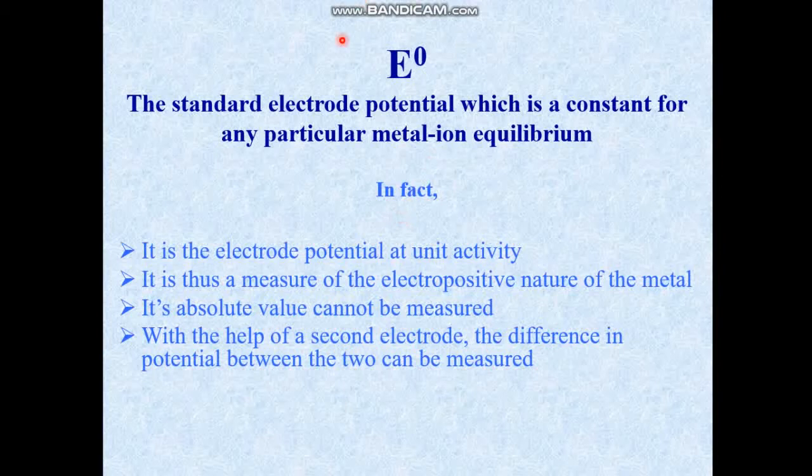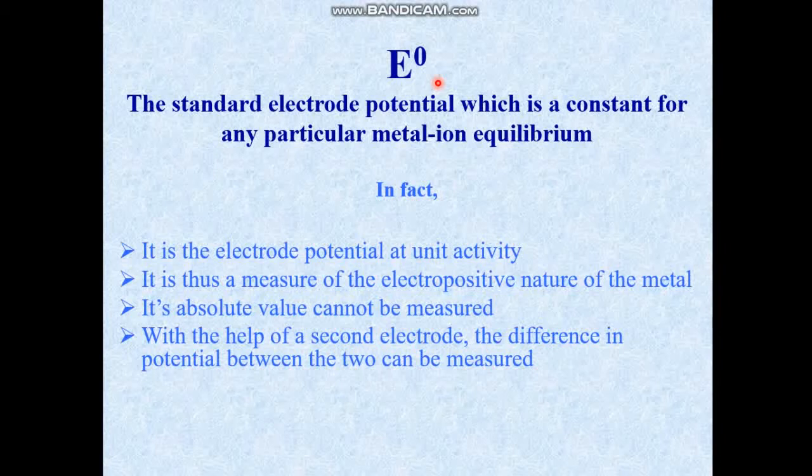So this is that standard value in case of redox potential. This E0 value is taken to be the standard value, and then the deviation from this produces the E value. Okay, so its absolute value cannot be measured. We have to measure it by the help of some standard value, which is the E0 value.